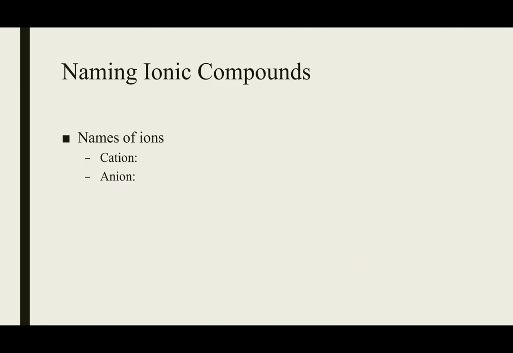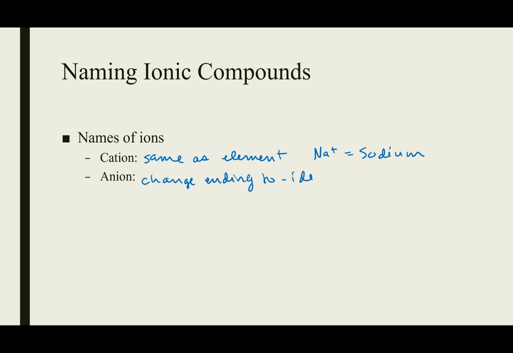When you are naming ionic compounds, the cation name is the same as the element name. So, for example, Na+ is just called sodium. But for the anion, we change the ending to "ide."